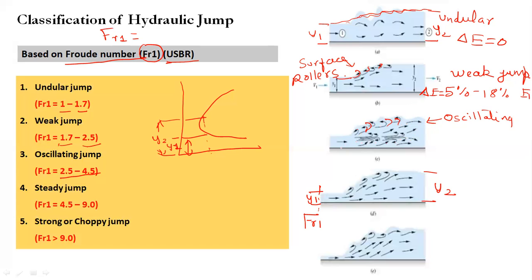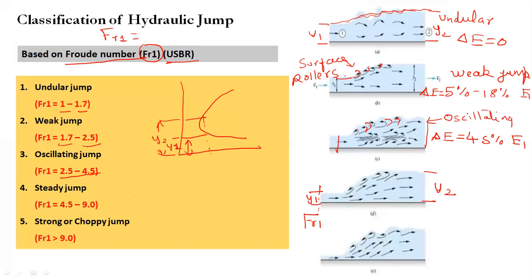So you are not getting an exact location of start and end of the jump. Again, the energy dissipation here is more, and you can expect up to 45% of the initial energy dissipation in this oscillatory jump.